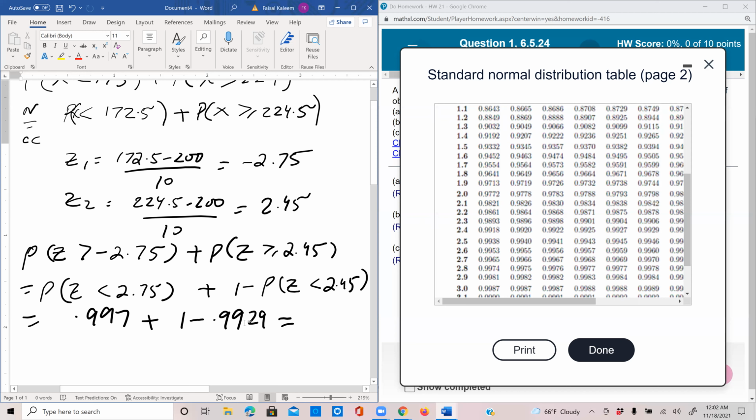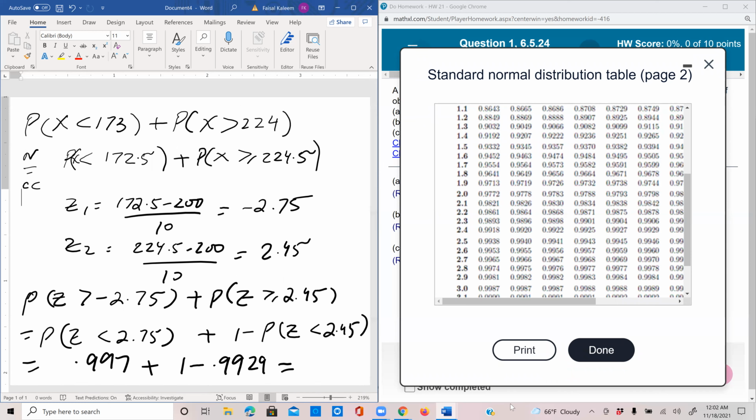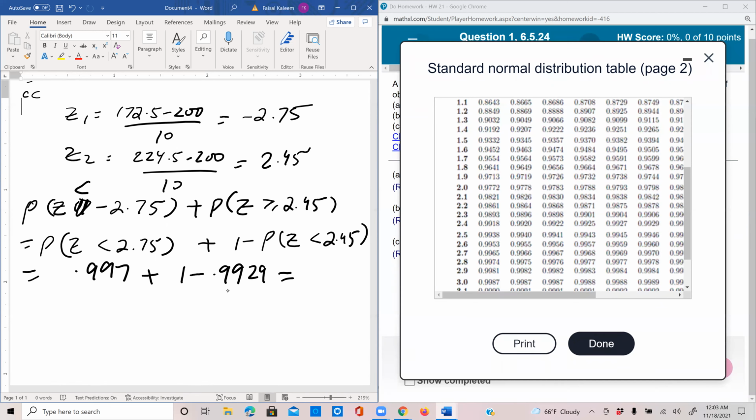Oh, I flipped this inequality. So it was going in the other direction. It was less than 172.5. So this one would be less than, and what that would mean is the probability Z is greater than 2.75. So that would be 1 minus the probability Z is less than or equal to 2.75, plus 1 minus the probability Z is less than 2.45.